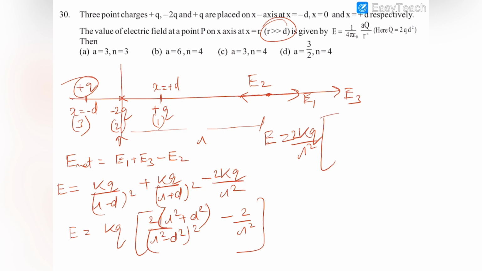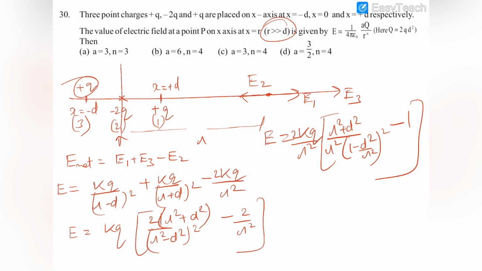And this would be R square plus D square, divided by R square into (1 minus D square by R square) whole square, and this is minus 1. So what I have done is that I have taken R square common, and it would be R to the power 4, and I have taken out this 1 upon R square here.